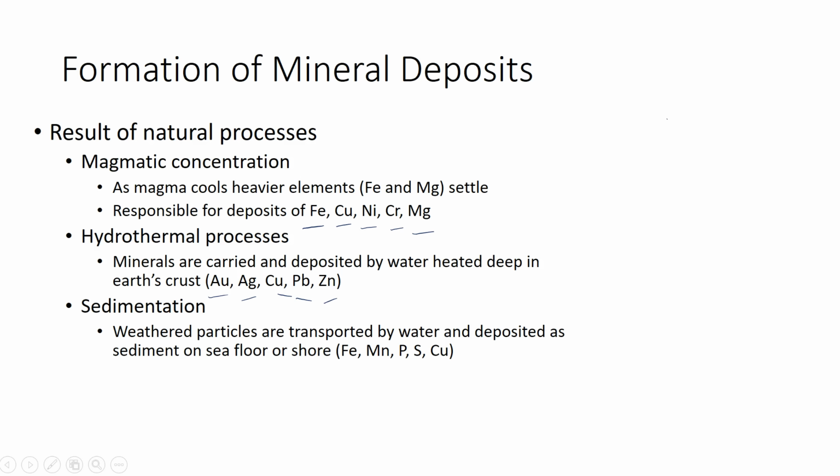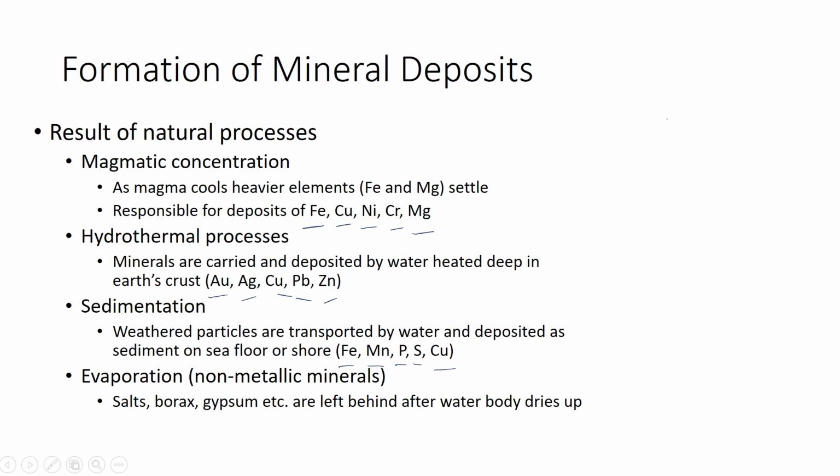Okay, and because things like iron and manganese have various densities, sometimes they tend to settle out differently. And so when you see people gold panning, for example, they're taking the sediments on the bottom of the river, and because gold is super dense, they can use some little tricks using water and so on to separate little pieces of gold out from other lighter sediments. Okay, so from sedimentation, we can get iron, manganese, phosphorus, sulfur, and copper, right?